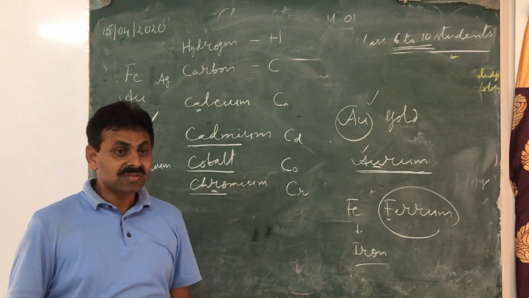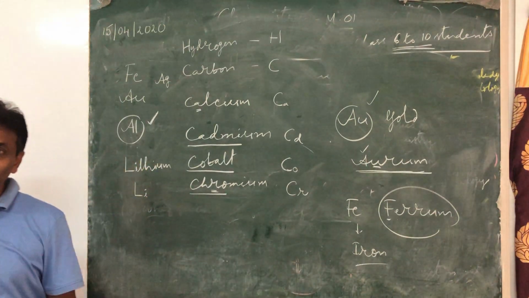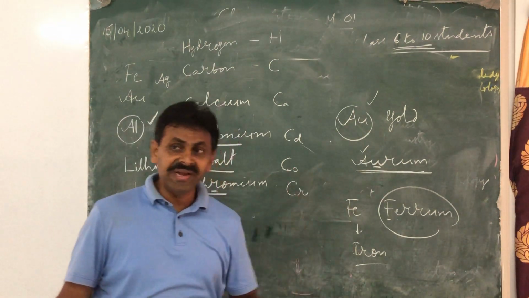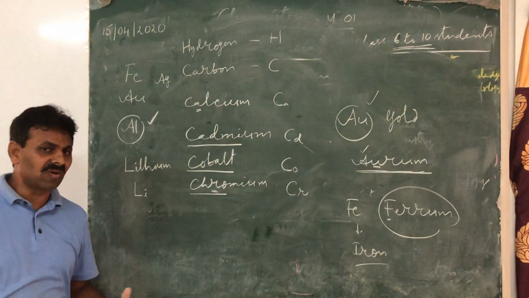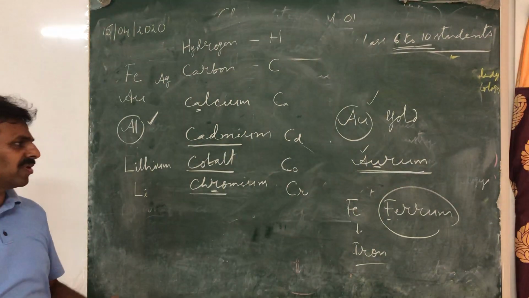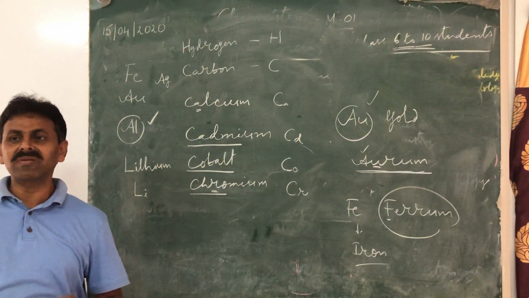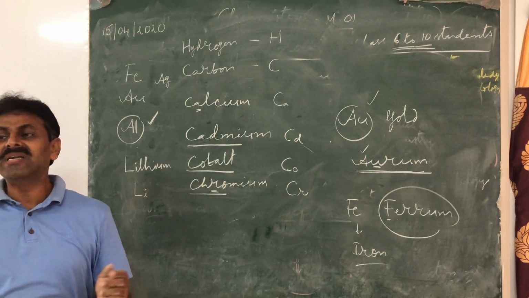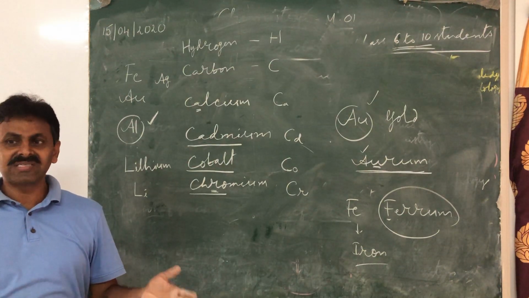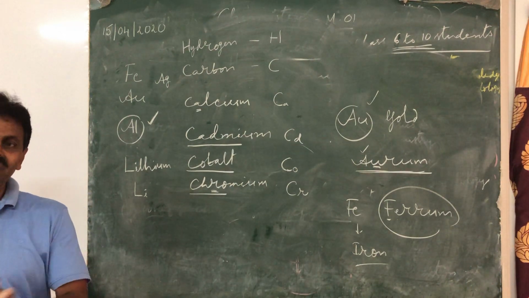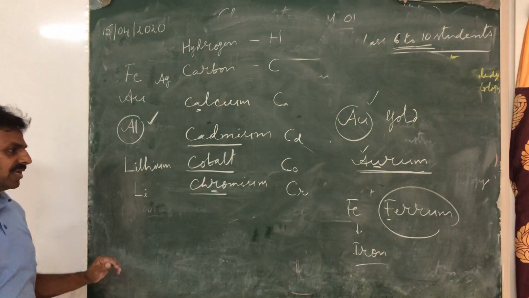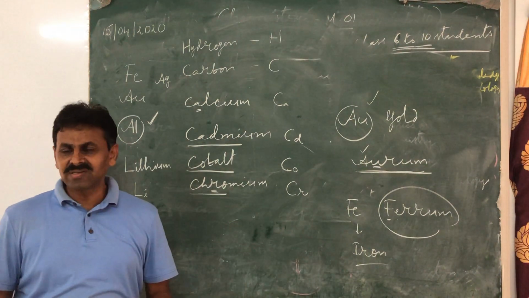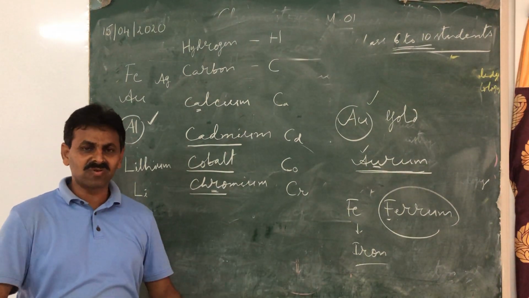So children, you need not panic about how we can learn 118 elements, their symbols and all. No, you need not panic, because gradually you will be learning. Maybe in the initial stage you can learn 20 elements with their symbols, then 30 elements, then 40 elements and so on. So you need not learn all of them together. If you get interested, you can do it. No issues. You have enough time at home, children.